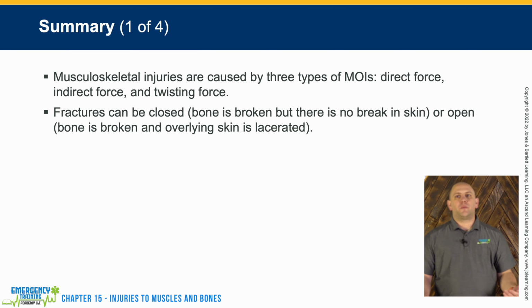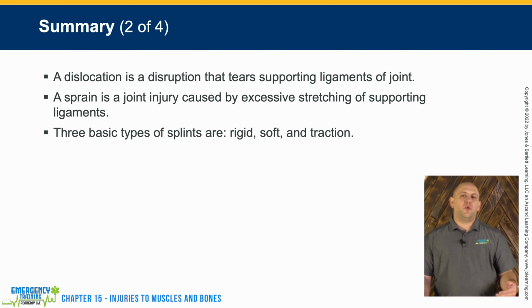Dislocations are a disruption that tears the supporting ligaments around a joint. Sprains are a joint injury caused by excessive stretching of those supporting ligaments.